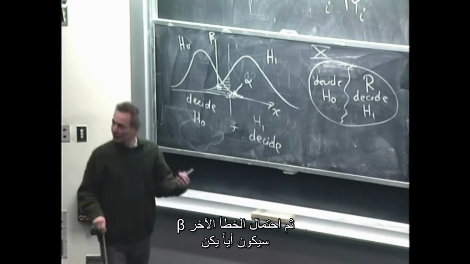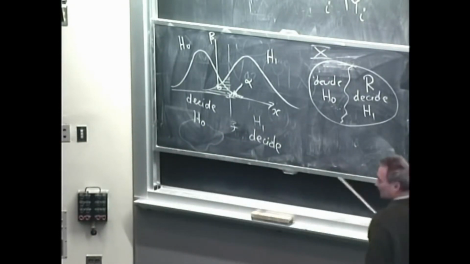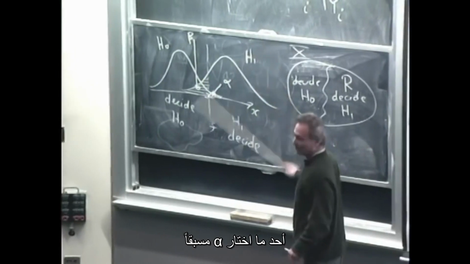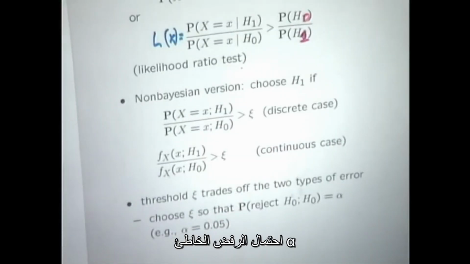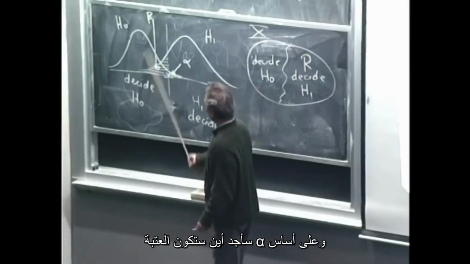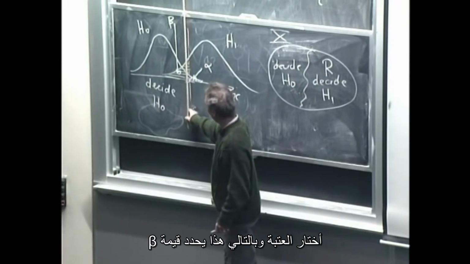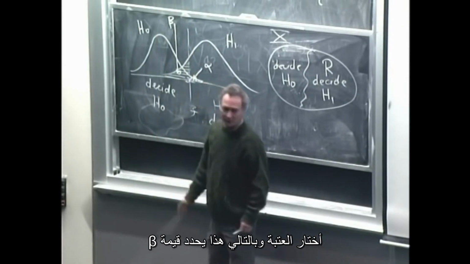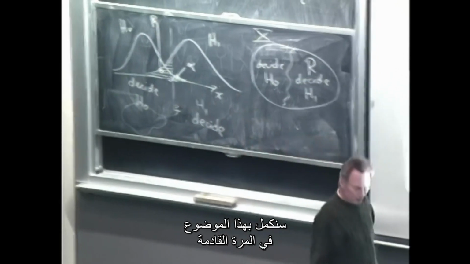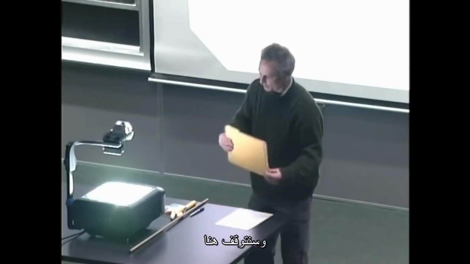And then the other probability of error, beta, will be whatever it turns out to be. So somebody picks alpha ahead of time, the probability of a false rejection. Based on alpha, I find where my threshold is going to be. I choose my threshold, and that determines subsequently the value of beta. So we're going to continue with this story next time. And we'll stop here.